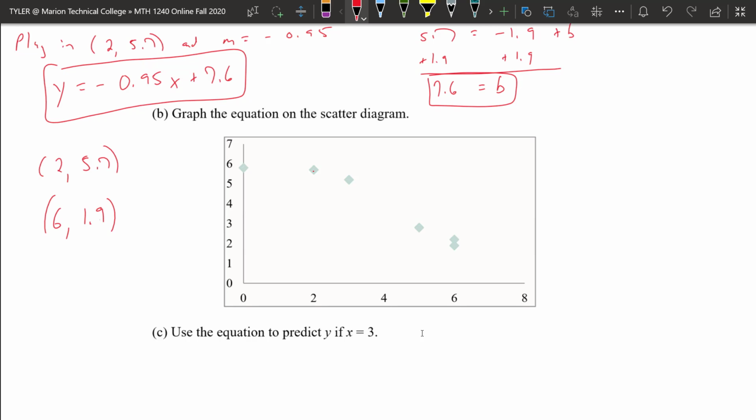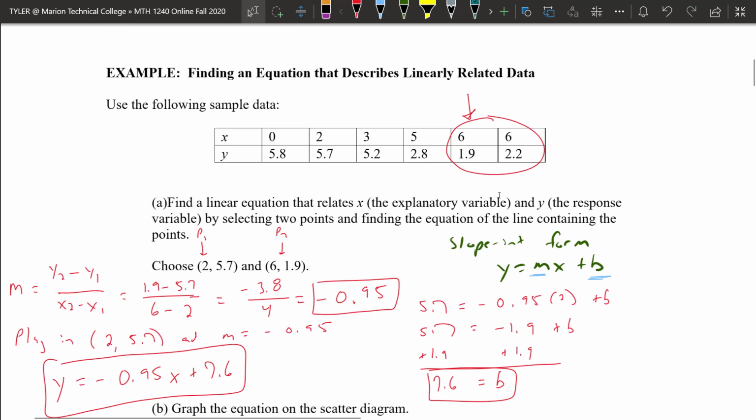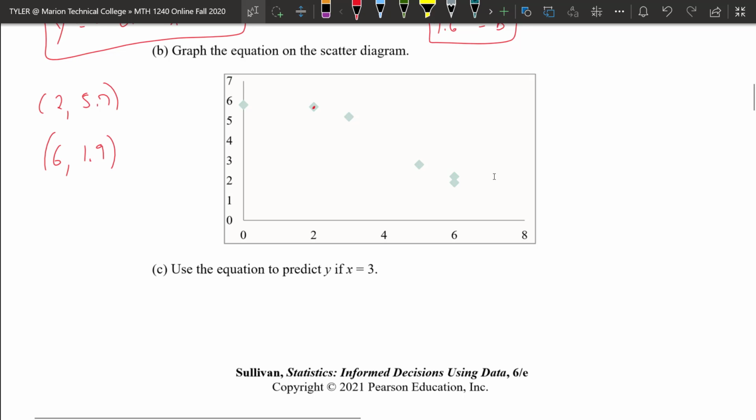There's only one point in our data set that has an x value of 2, and then we have 2 values that have an x value of 6. I want the 1.9, so I'm looking for the one that's shorter, not as high. That would be this point. Then to graph my line, I would just have a line connecting those 2 points.